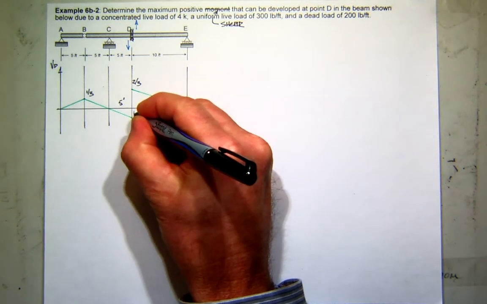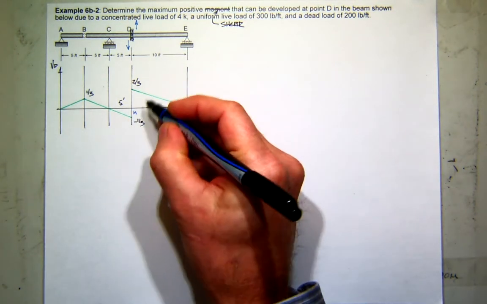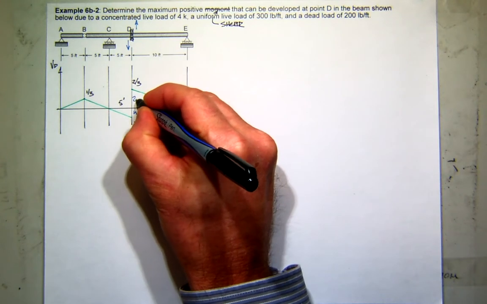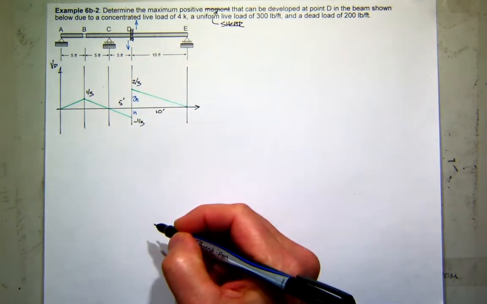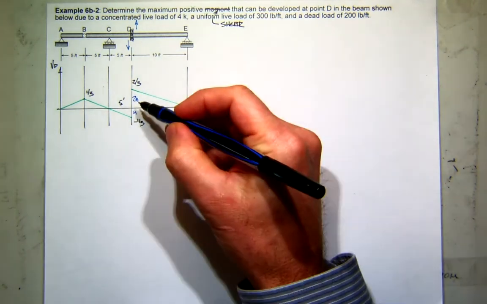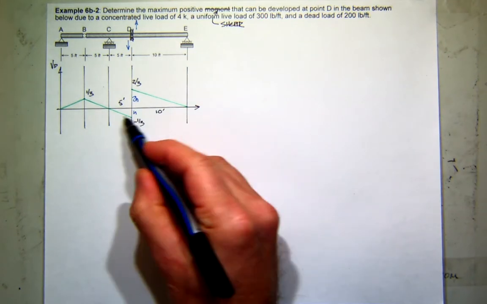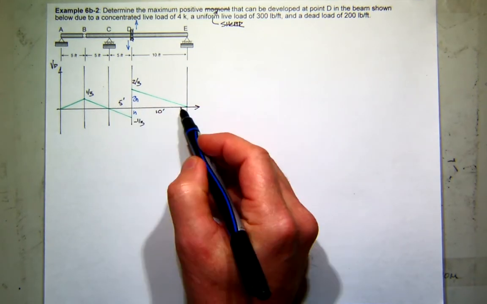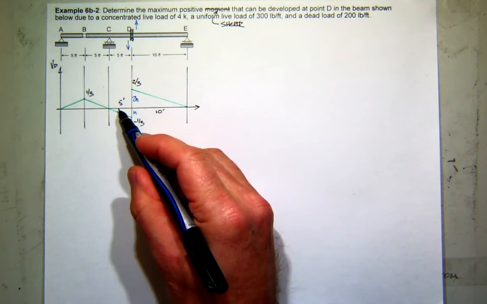Whatever this height is, h, right? This height has to be twice h, right? Why? Because it's twice as big. Because the base is twice as big as this base. These are similar triangles. If this is 5, this is 10. So this one's twice the size of this one.